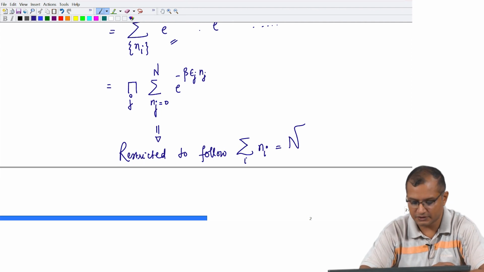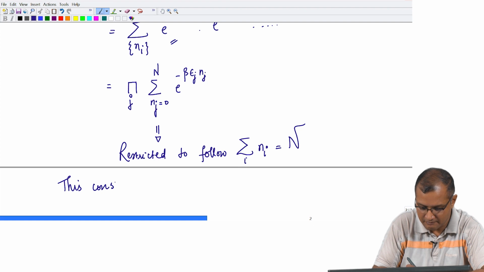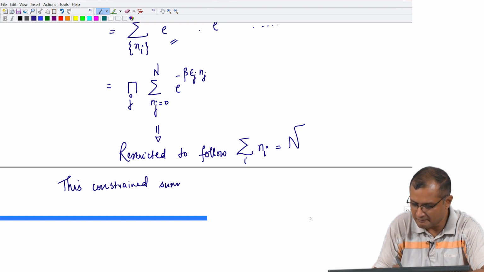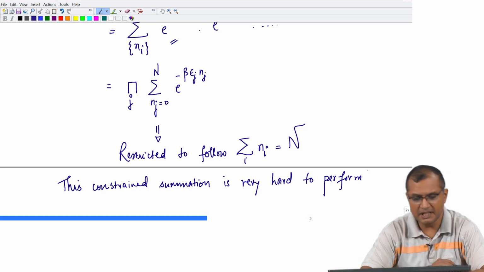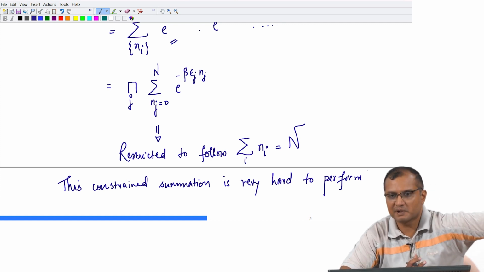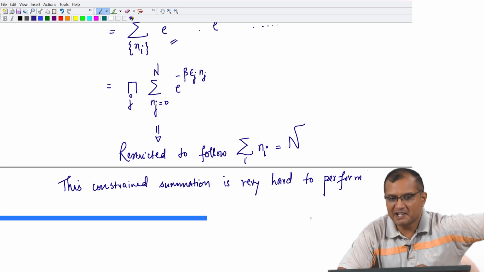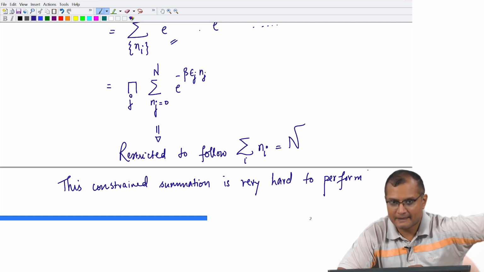So, this constrained summation is very hard to perform, meaning the label Nj, which is the occupancy of the jth level, cannot be independently taken from 0 to n for these exponents.